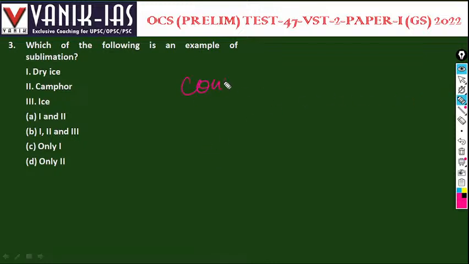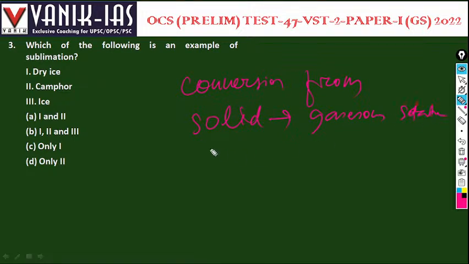Sublimation is conversion from solid to gaseous state directly, without becoming liquid. Okay, that is sublimation.